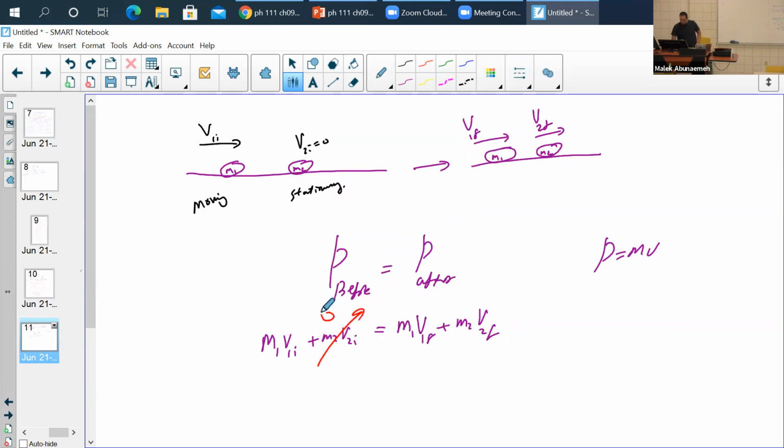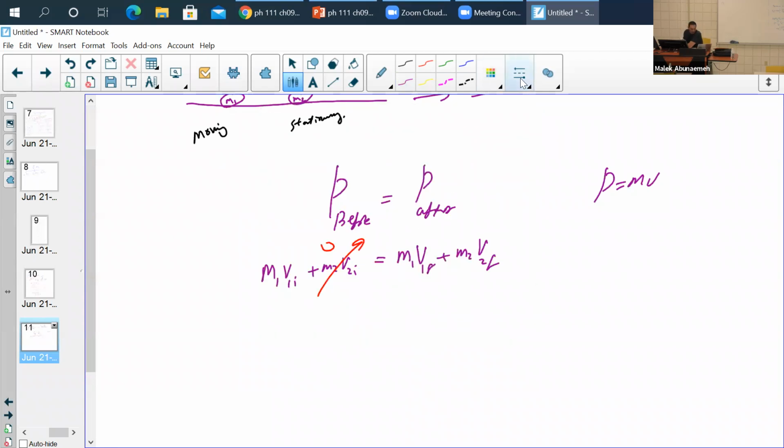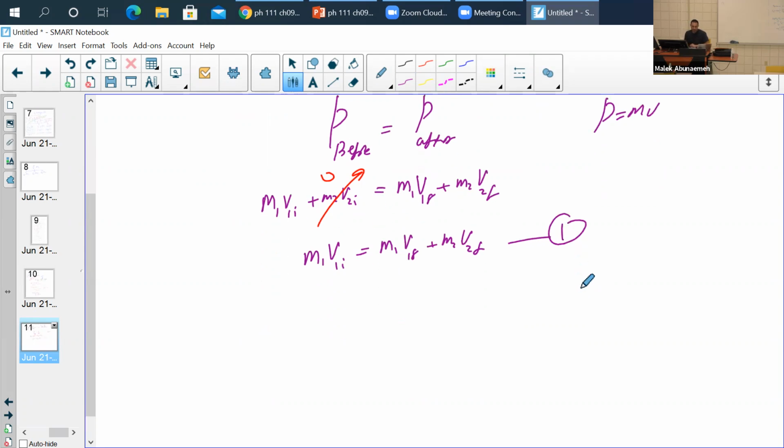Again, we said that V2 initial is going to be 0. So basically what we have is M1 V1 initial equals M1 V1 final plus M2 V2 final. Now let's call this momentum equation 1. And again, we can go ahead and organize it.